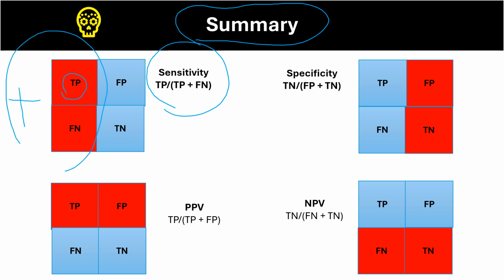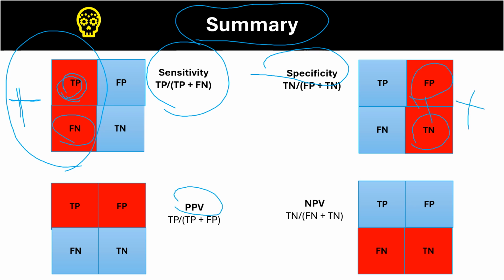So you will take this side of the 4 square, the left side. So again, true positive, because sensitivity, divided by true positive plus false negative. Specificity is the opposite. For specificity, you start with the true negative, divided by true negative plus false positive.